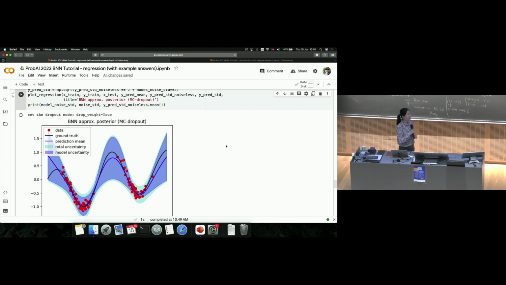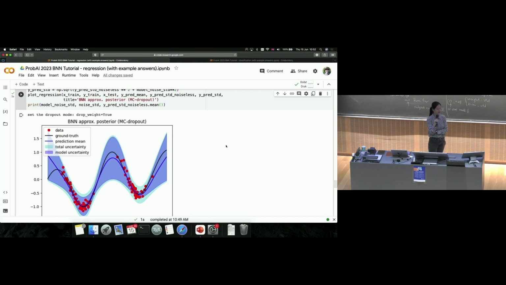Yes? Can you explain again the difference between the total and model uncertainty? Okay, so we will talk about that a bit more in the classification part, but the model uncertainty is basically coming from the fact that the model is uncertain about the things that it hasn't seen before. The data uncertainty is the thing that you cannot reduce. Just like you flip coins.